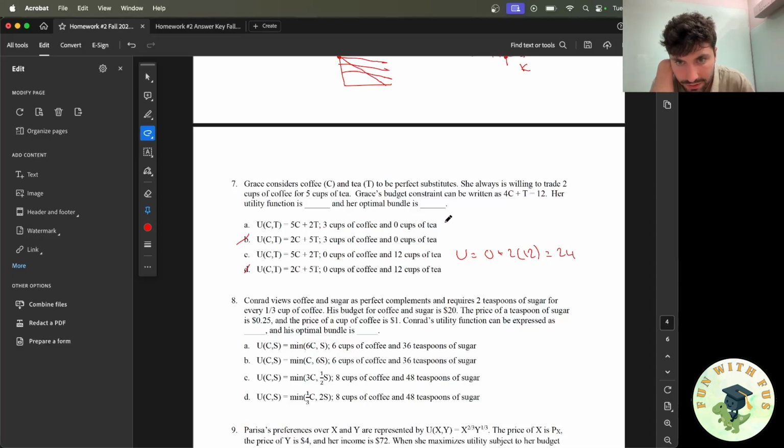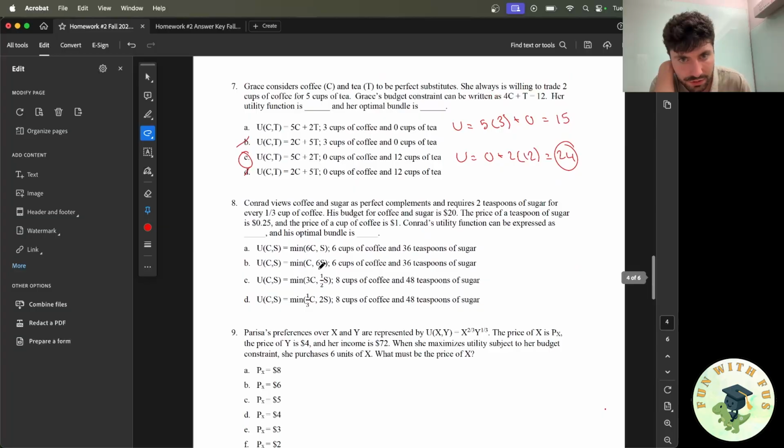Or would I rather have utility equals 5 times 3 plus 0 equals 15. So obviously, since 24 is bigger than 15, we are going to go with that one, and we're going to get C.